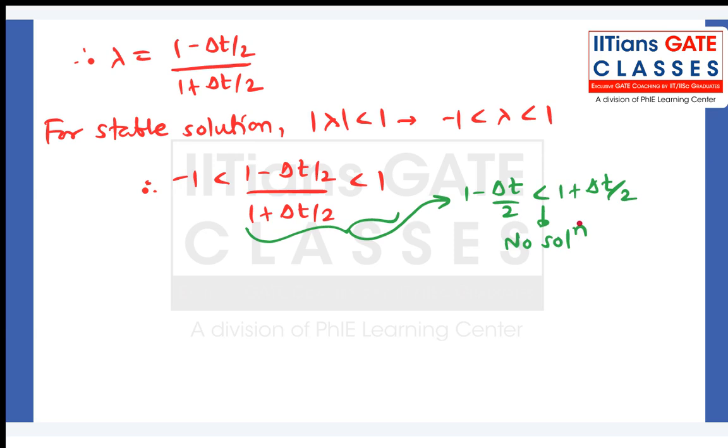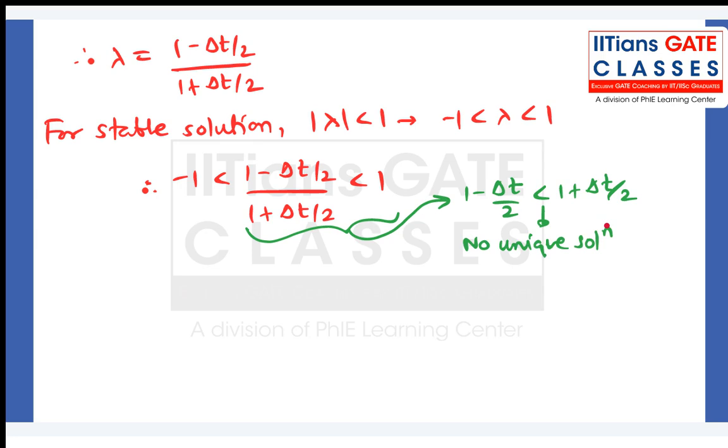Actually there is no unique solution in this case because you can take delta t as anything and this inequality will be satisfied, right? So here you will not get a unique solution, so that doesn't help us.